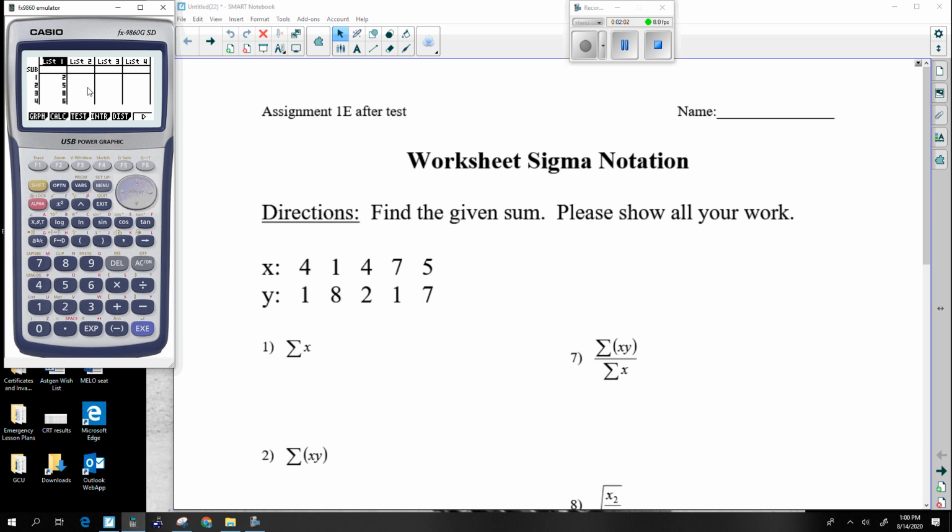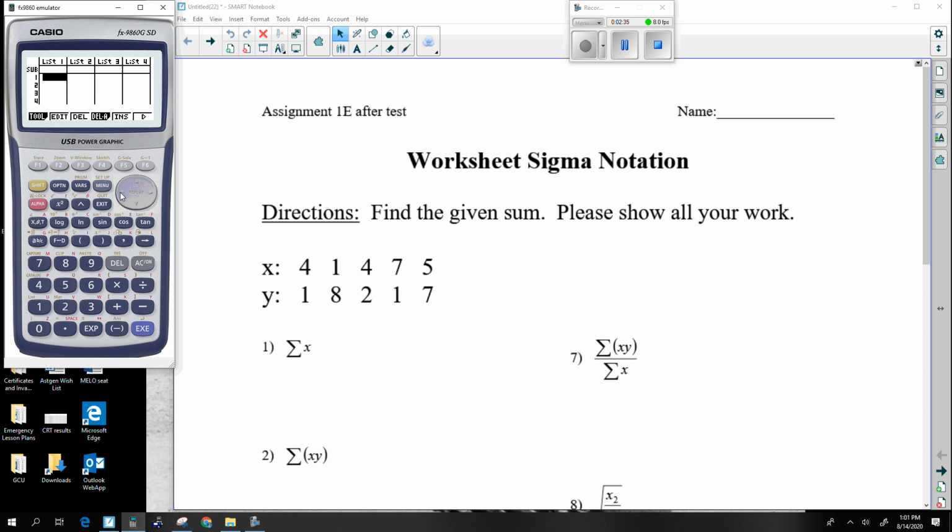So I want to first make sure all of these lists are blank. I go to this next screen, so that's an F6, and I want to delete all, so F4. It's asking, are you sure? Yes. So you arrow and delete all if there's stuff in these lists. Make sure you have clear lists.